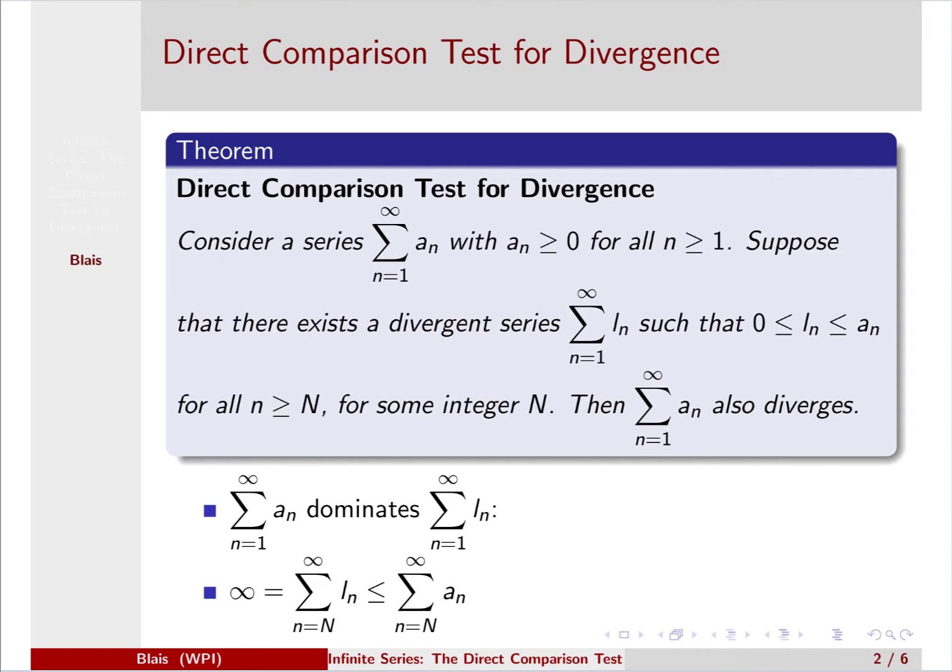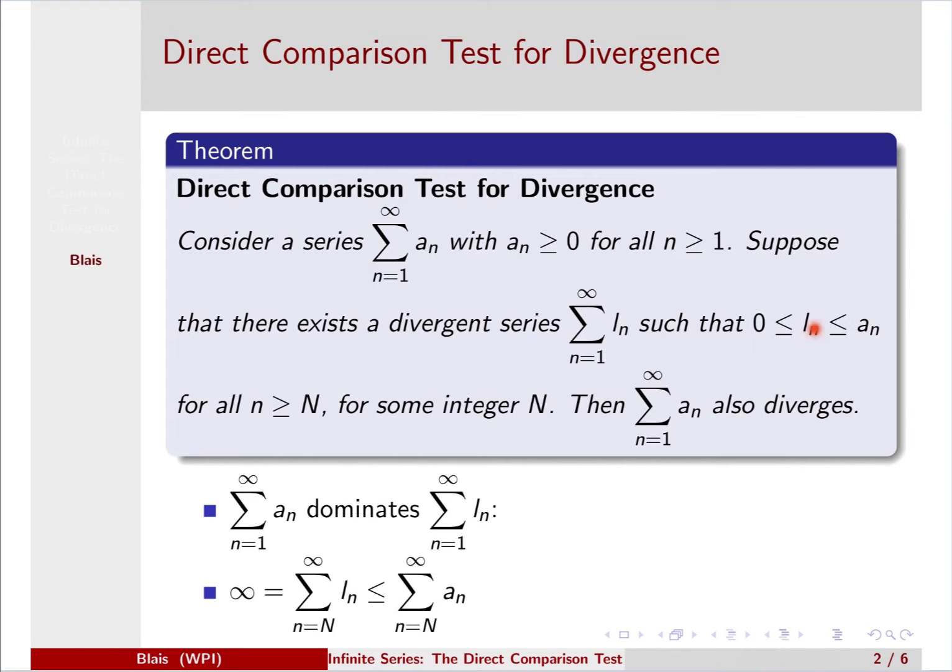So consider a series, think of it as the one you're given. The sum n goes from 1 to infinity of a sub n. All the a sub n are non-negative. And suppose there exists a divergent series, sum n goes from 1 to infinity of L sub n. So we're using L for lower.